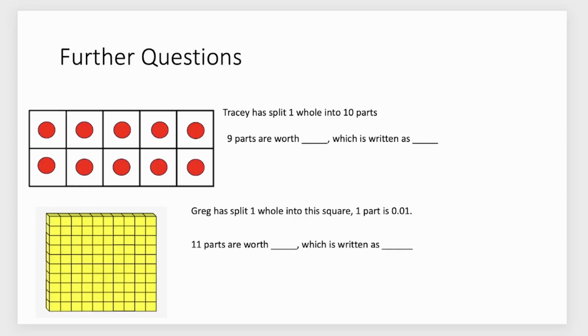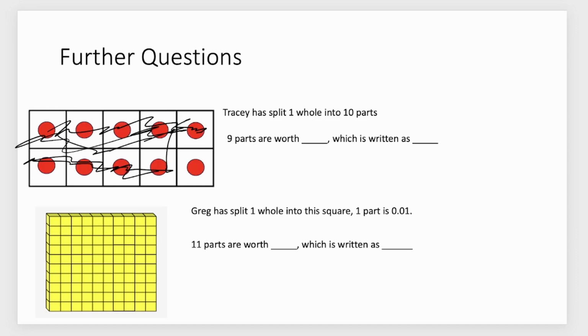And just a few more questions here to carry this on. We have another part, 10 parts, which represents one whole again. So how much are 9 parts worth in this square, and what is it written as? So if we just shade off here 9 of these parts, as you can see I'm doing, leaves that one spare down there. So we're just going to focus on these 9 parts.